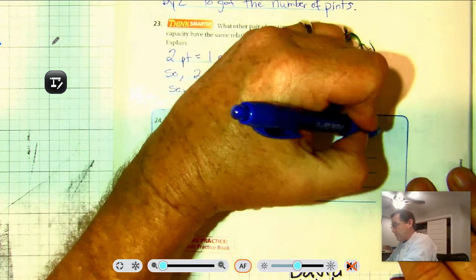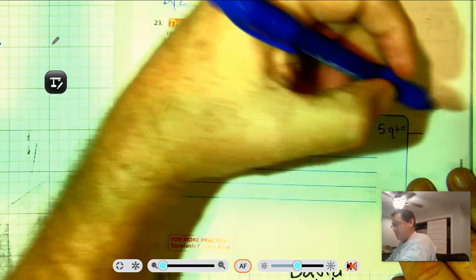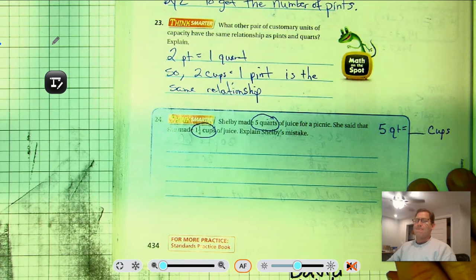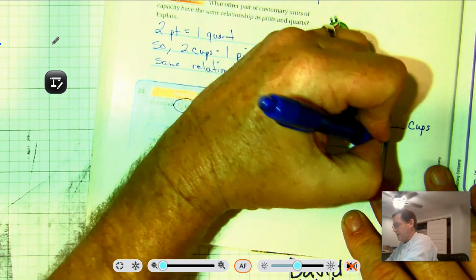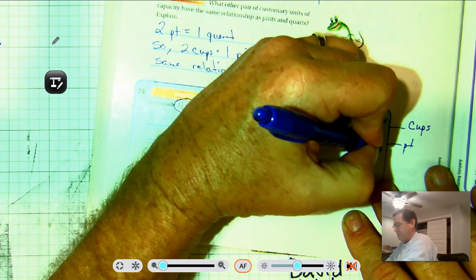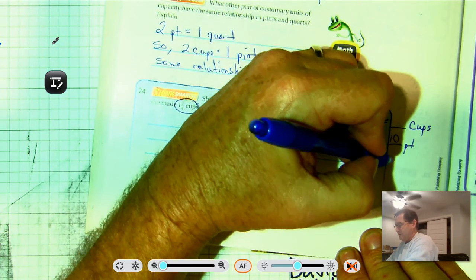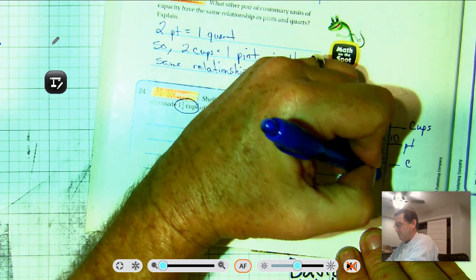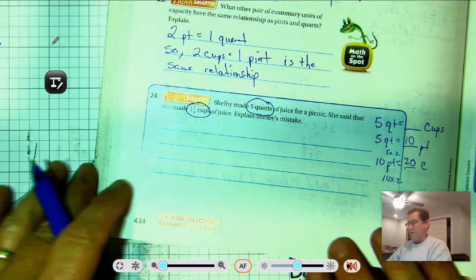Well, okay, so if we're doing 5 quarts and we're going to change that into cups, well, first she should have gone 5 quarts equals how many pints? So 5 times 2, 10 pints. 10 pints equals how many cups? 10 times 2. She should have said 20 cups. Oh, she's way off.